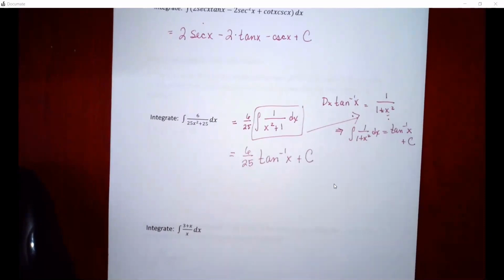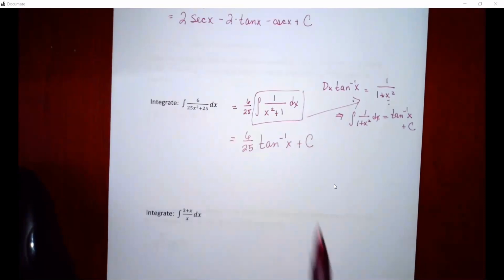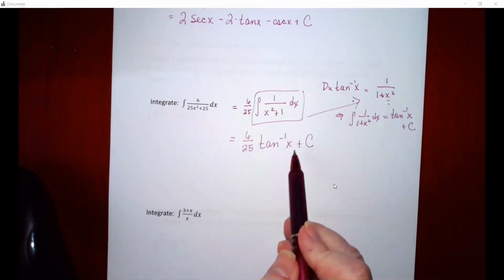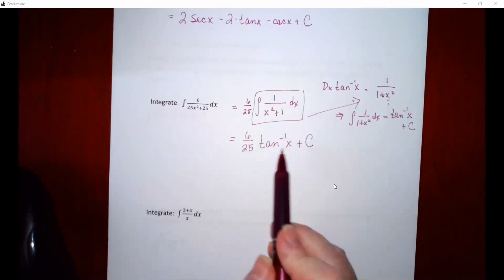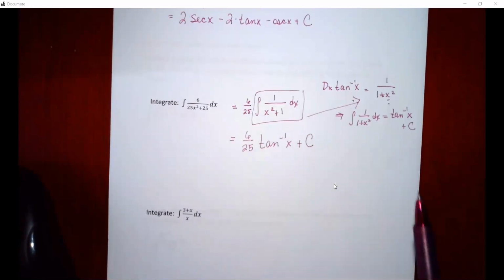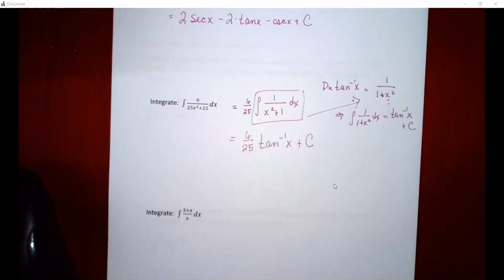And I know you guys already know this, but just remember when you're doing this exponent, it looks like an exponent -1 for trig functions. That doesn't really mean the -1 power for trig functions. Notationally, if I wanted to put the reciprocal of tangent of x to the -1 power, I would just call it cotangent x.